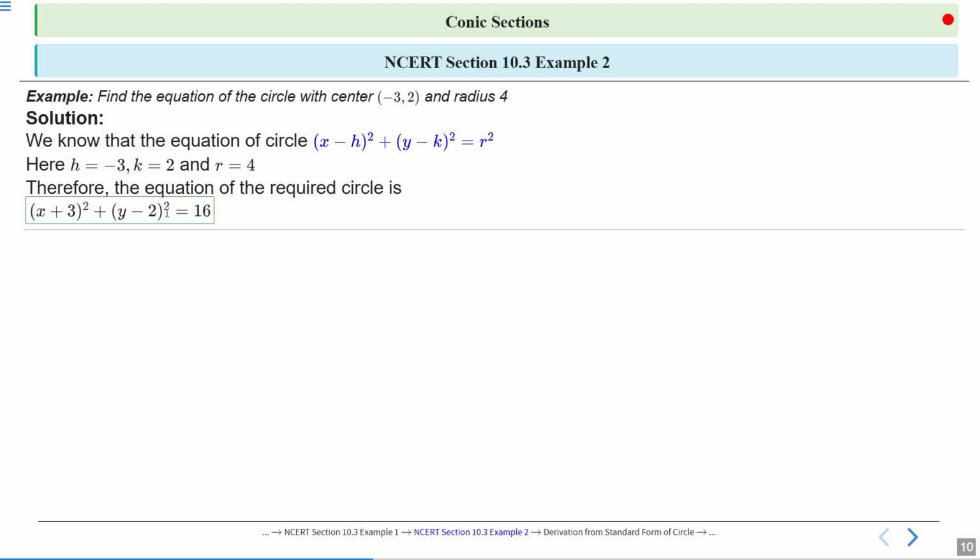So this is the required equation of the circle with center minus 3 comma 2 and radius 4. I hope it is clear to all of you. So now let us move to the next slide.